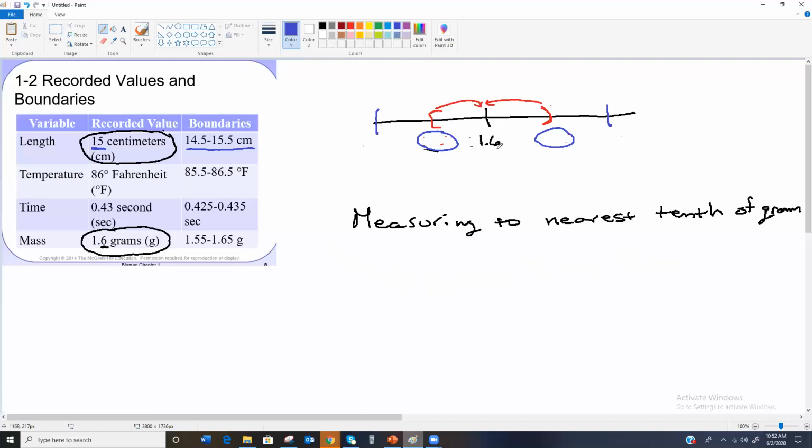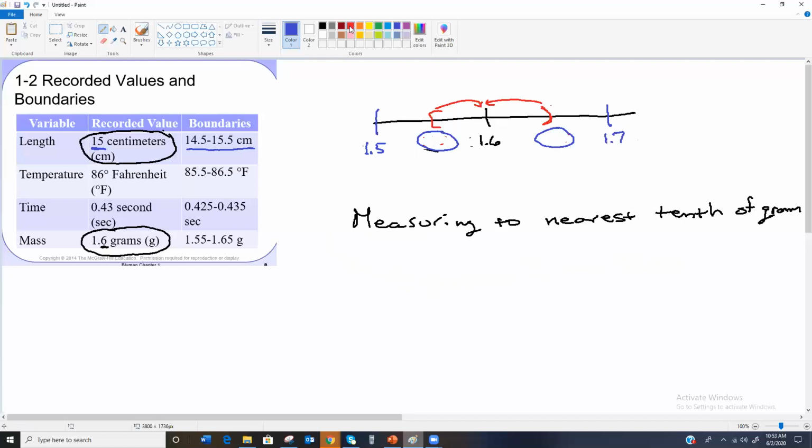What would be the next reportable number under 1.6? What would be down here? And then the next reportable number above 1.6 would be 1.7, right?